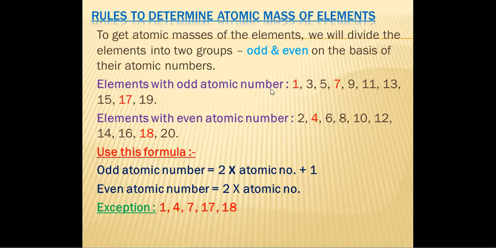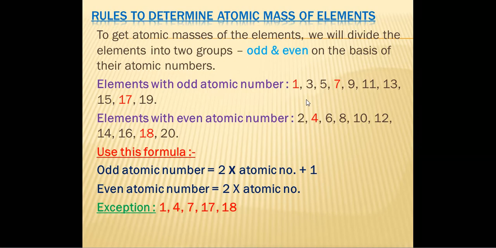Elements with odd atomic numbers are 1, 3, 5, 7, 9, 11, 13, 15, 17 and 19. Elements with even atomic numbers are 2, 4, 6, 8, 10, 12, 14, 16, 18 and 20. But you can see some numbers I have written in red color: 1, 7, 17, 4 and 18. These 5 elements are the exceptional elements.